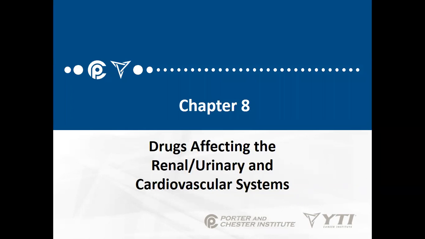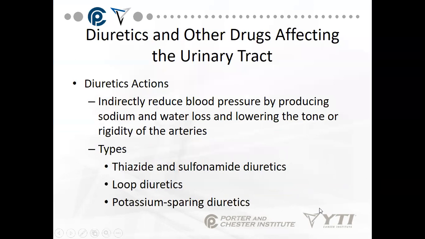So, just to do a brief overview, you always want to do a brief overview of your system, the urinary tract system itself, and the cardiovascular system, because the renal and urinary systems work very well together.